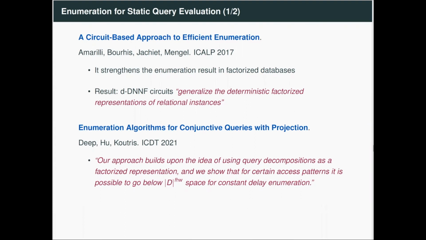In ICDT last year, Shaleen Deep, Xiao Hu, and Paraschos Koutris investigate the enumeration problem for conjunctive queries, and as they state, their approach builds upon the idea of factorized representation and show that for certain access patterns, it is possible to improve the space requirement while maintaining the constant delay enumeration.